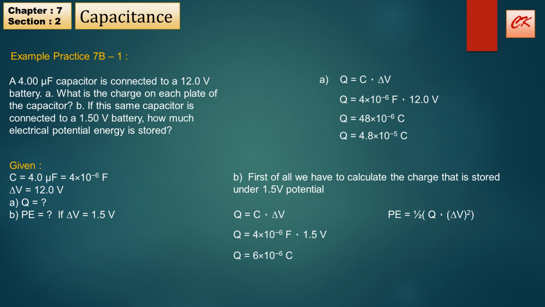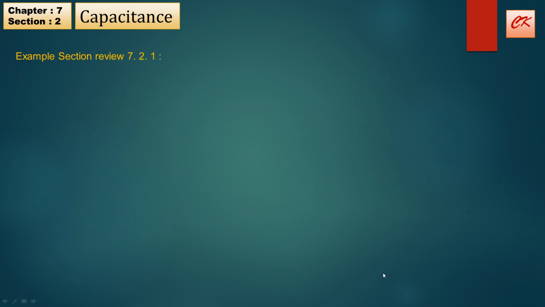And then potential energy is equal to 1/2 QV squared. That is the charge we store under 1.5 volt. You have to take this, not this one. So it is equal to 1/2 times 6 times 10 to the negative 6 multiplied by the square of 1.5. And at the end you will get potential energy is 6.75 times 10 to the power of negative 6 joule.